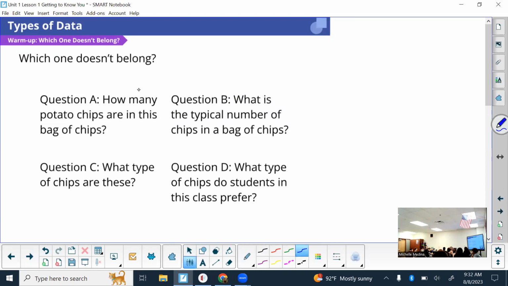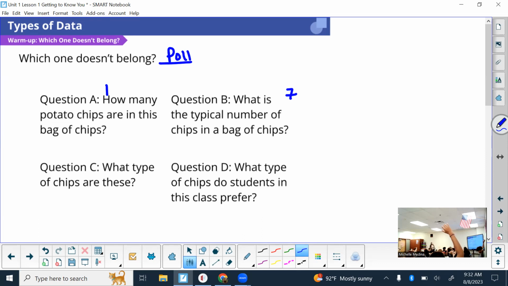First, I'm just going to start with a poll. Raise your hand if you thought A did not belong. Raise your hand if you thought B did not belong. And then keep it up so I can count. Okay. Raise your hand if you thought C did not belong.